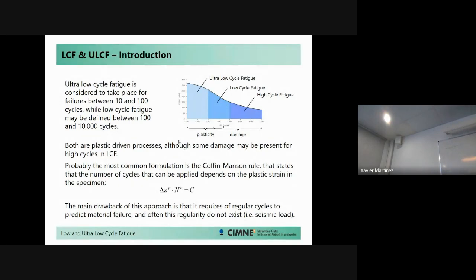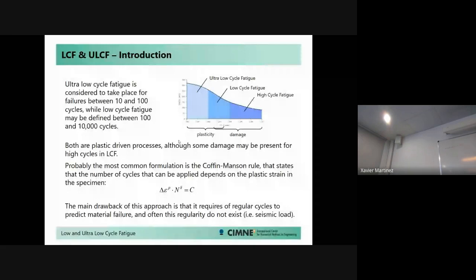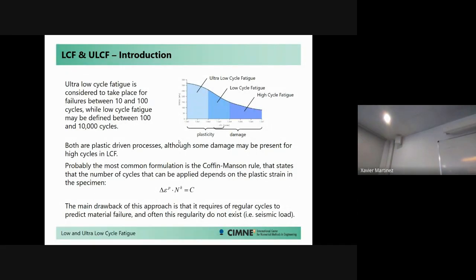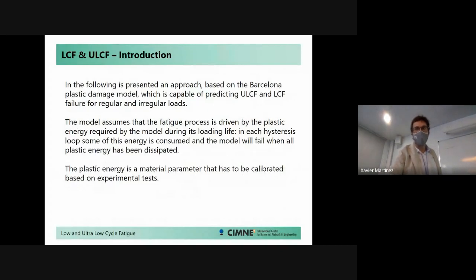And what the Coffin-Manson curve relates is the plastic strain amplitude and the number of cycles, both. So if you increase this plastic strain amplitude, you will reduce the number of cycles that you can apply.